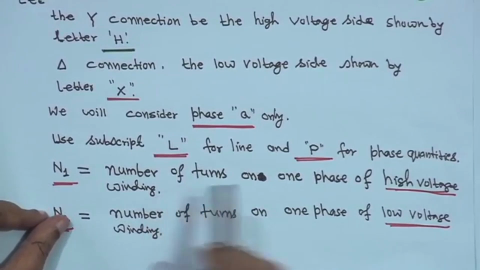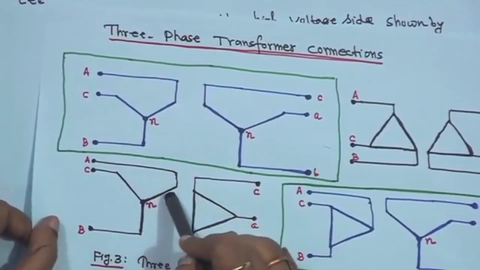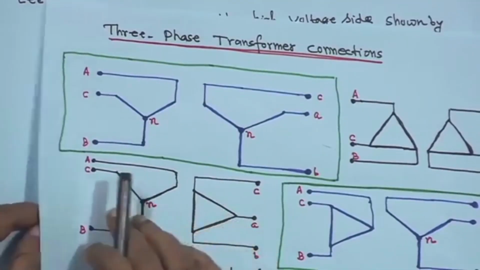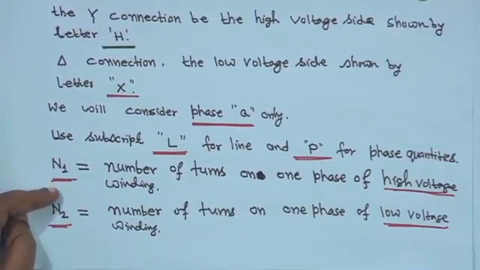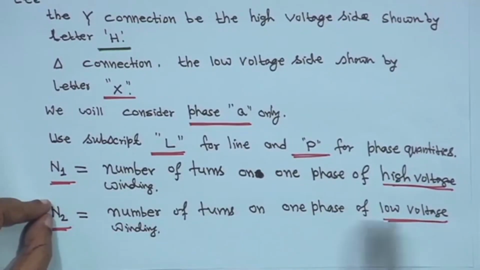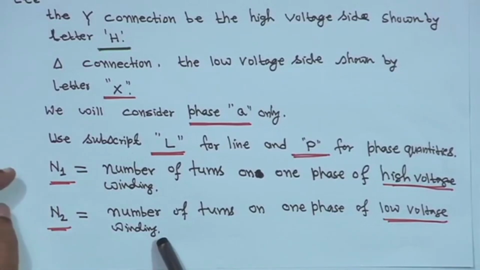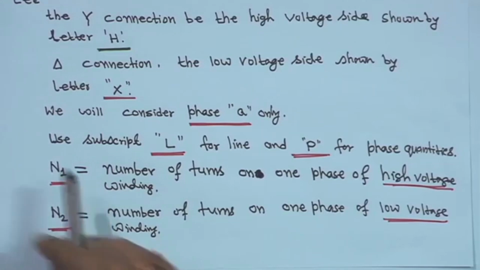So it is the number of turns in either the A to N, B to N or C to N winding, and for the delta side it is either AB, BC or CA. So N1 is the number of turns on one phase of the high voltage winding, and N2 is the number of turns on one phase of the low voltage winding. Instead of NH or NX, we are using N1 and N2.